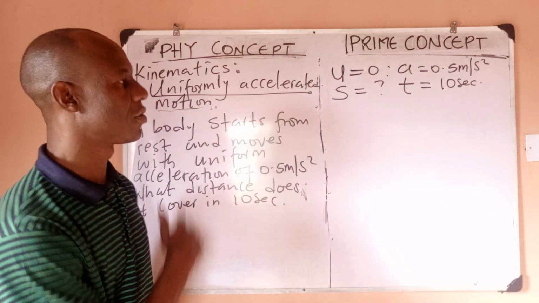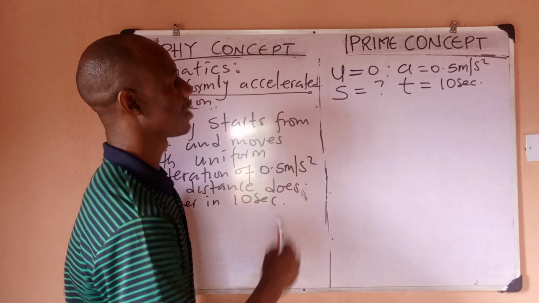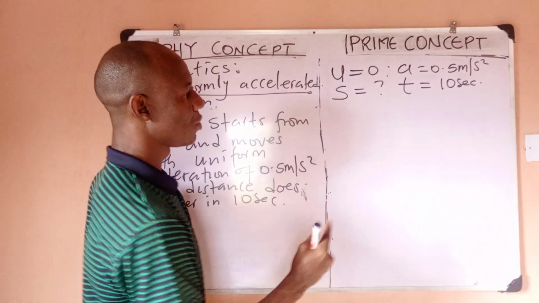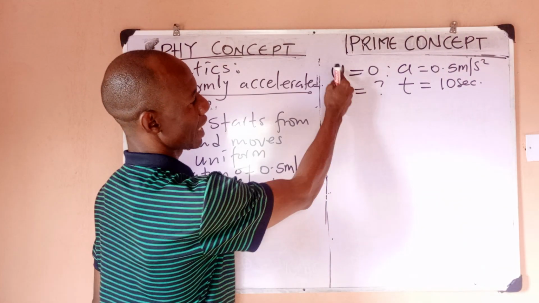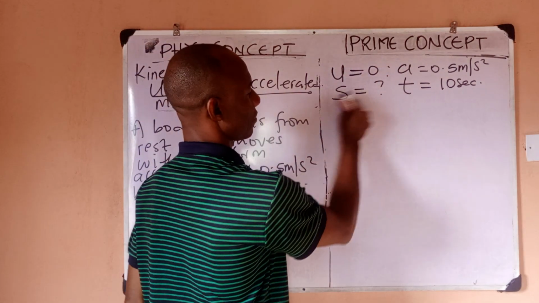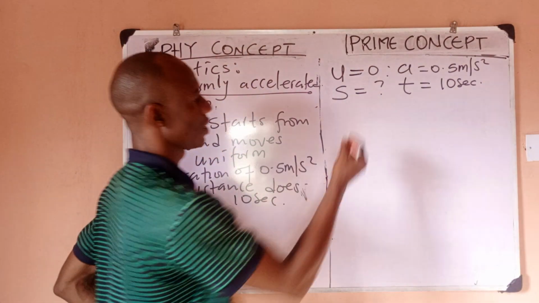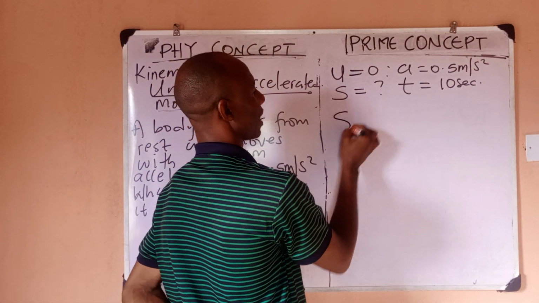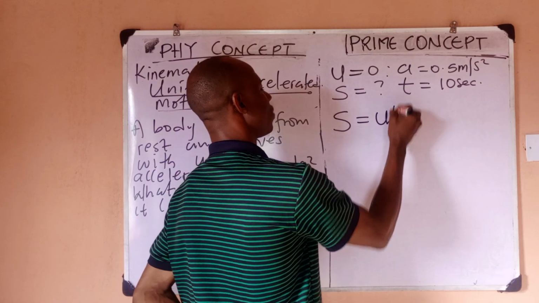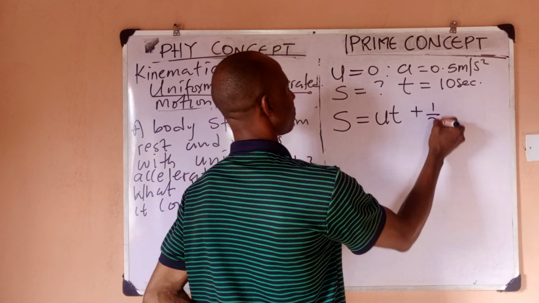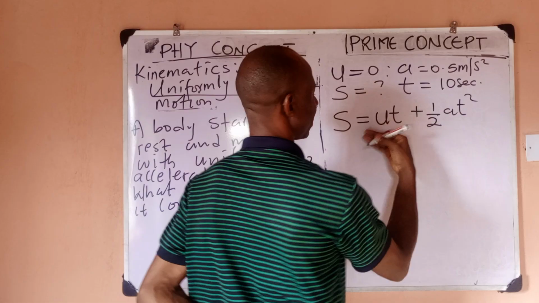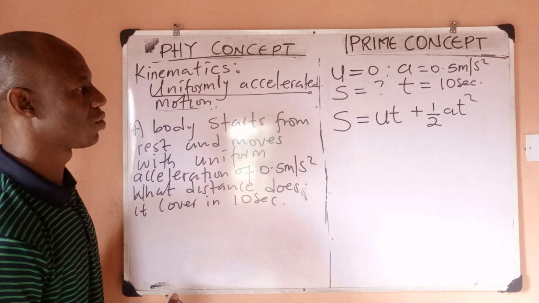You'll see we can solve this in a different way also. Now let's think of a formula among the 5 equations that have u, a, s and t, and you see that you can quickly solve it. So the equation that can do this is s equals ut plus half at squared. It has all the parameters we'll be needing.